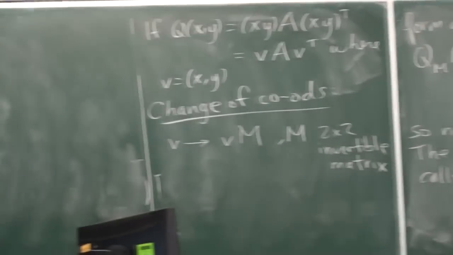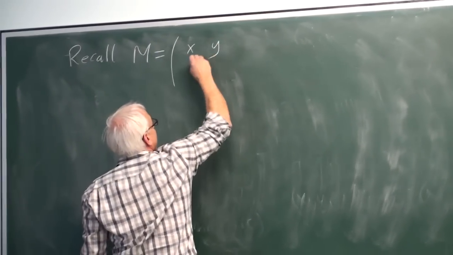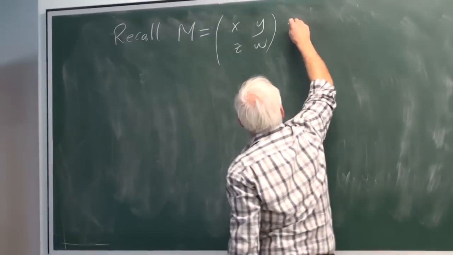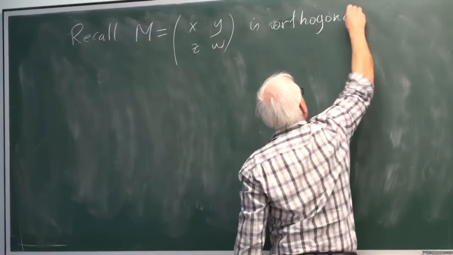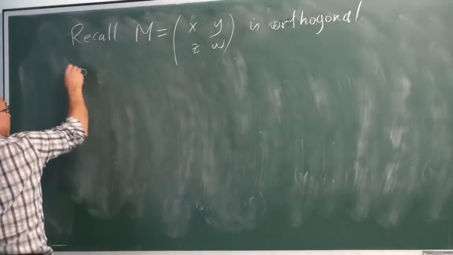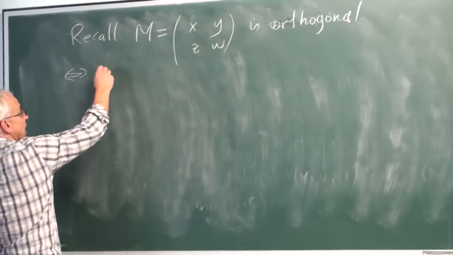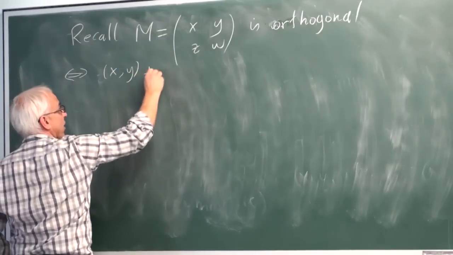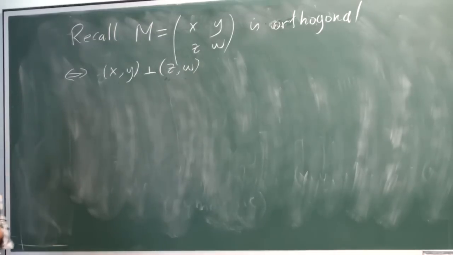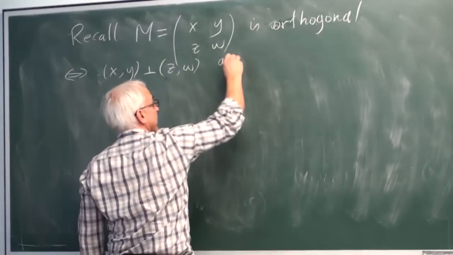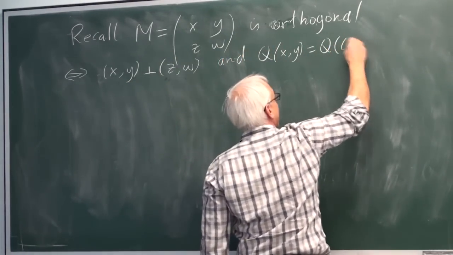We recall that if we have a matrix M, let's say with entries x, y, z, and w, this is orthogonal precisely when the condition that M M transpose equals the identity amounts to the vectors x, y and z, w being perpendicular, and both of unit length.